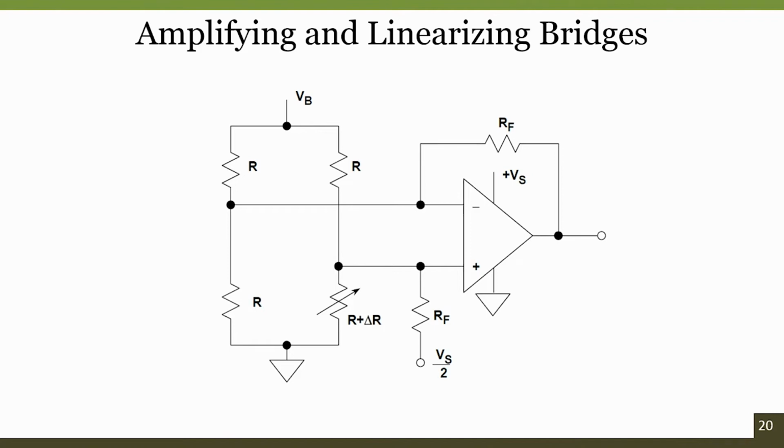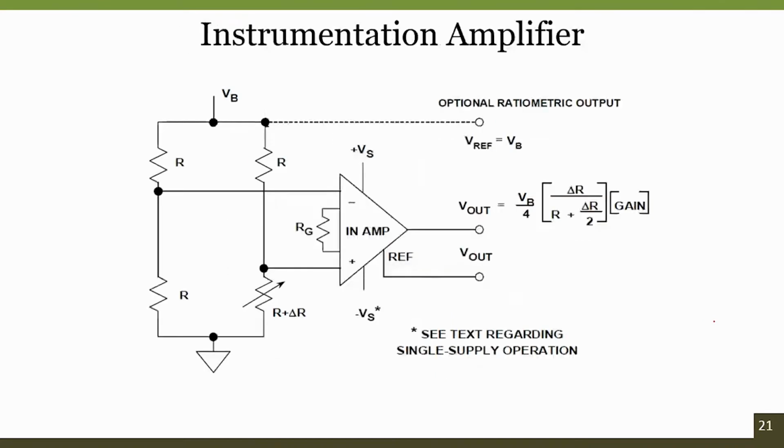Because of that resistance, the complete input impedance is decreased. And moreover, a difference amplifier will always have a very poor CMRR, the common mode rejection ratio, the ability of the system to reject the common signals. So, one way to avoid that problem is by using an instrumentation amplifier.